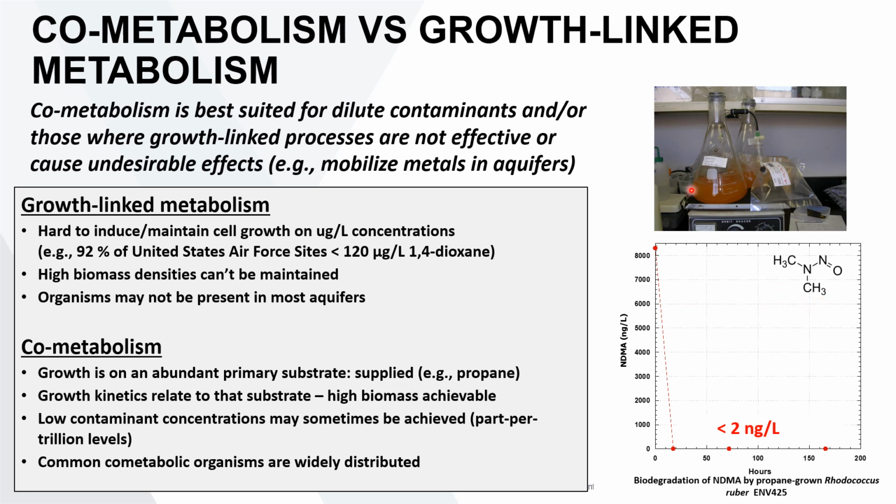This is a culture isolated in our lab called Rhodococcus ruber ENV425. It's bright orange. You can see in this flask study, this organism degrades NDMA from 8,000 nanograms per liter, or 8 ppb, down to less than 2 nanograms per liter. So it achieves very low concentrations. These organisms are also very widely distributed in the environment.